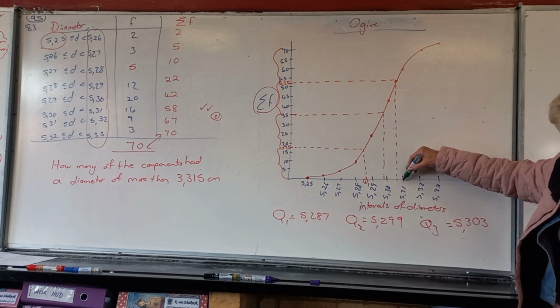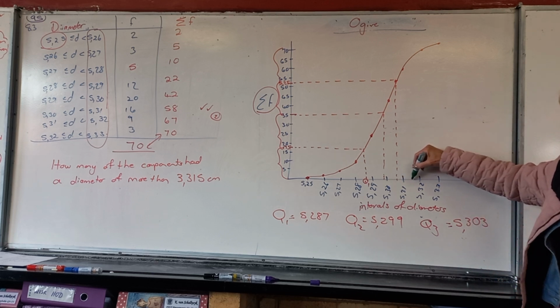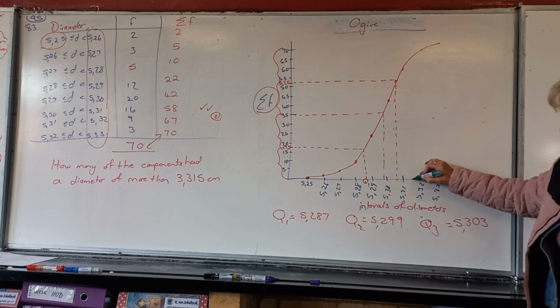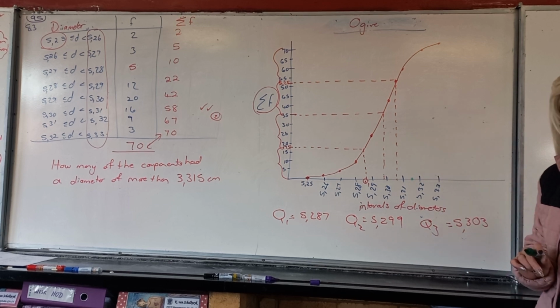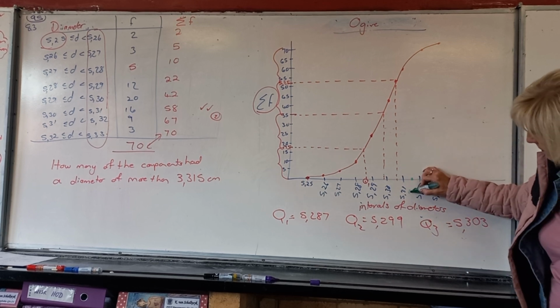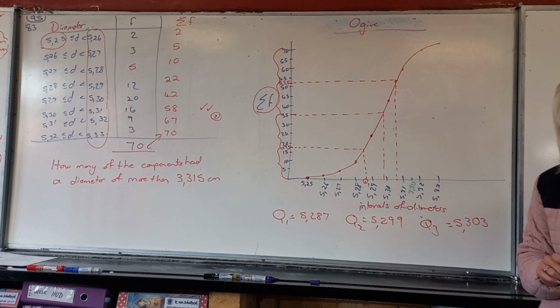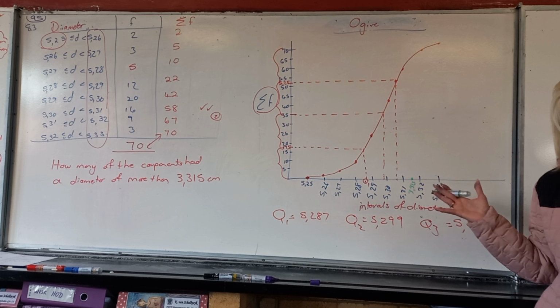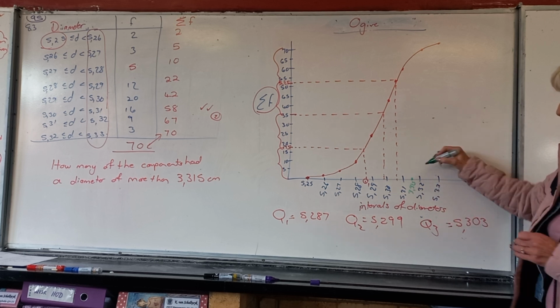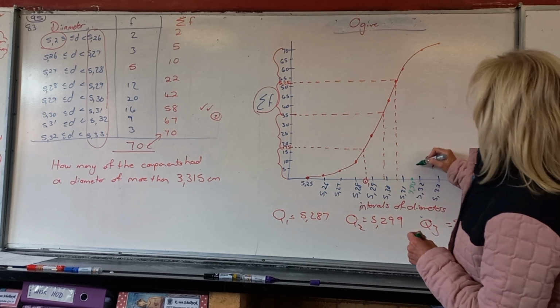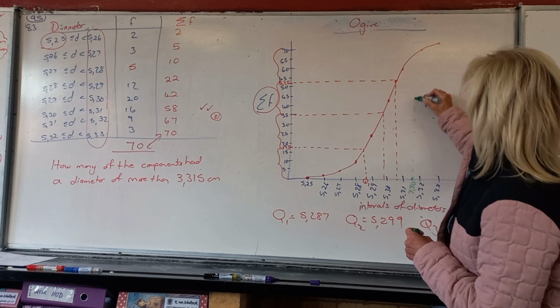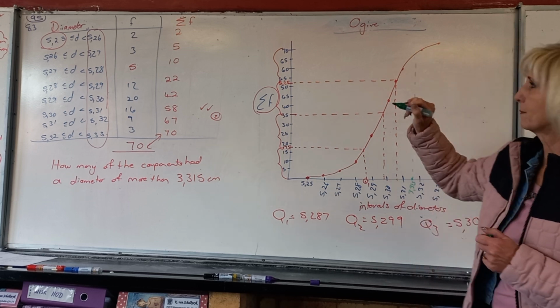Agree? 3.31, 3.32, so that should be 3.315. Do you agree? So what am I going to do with it? Measure off your graph. Measurement from the x-axis up to the top. So that should be round about, please use a ruler, not like me.